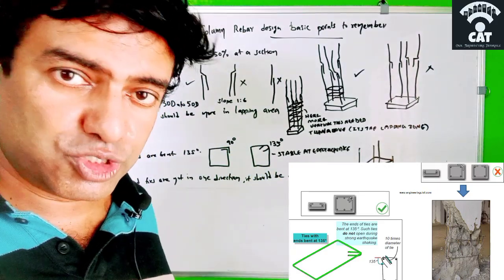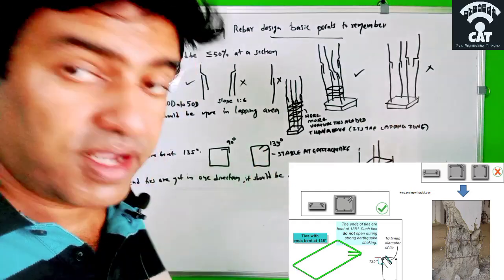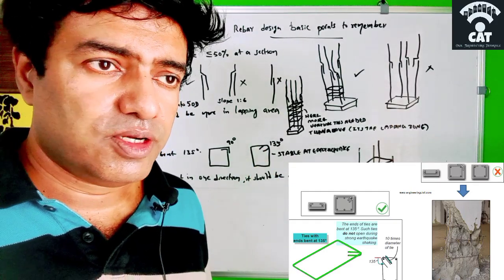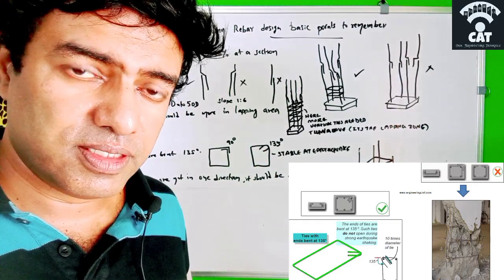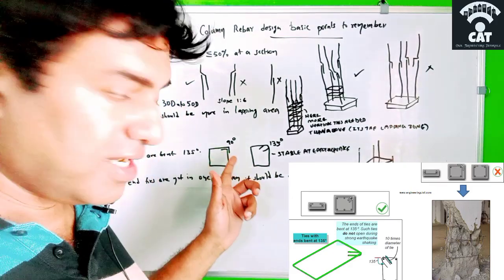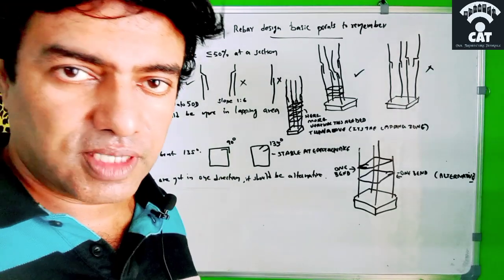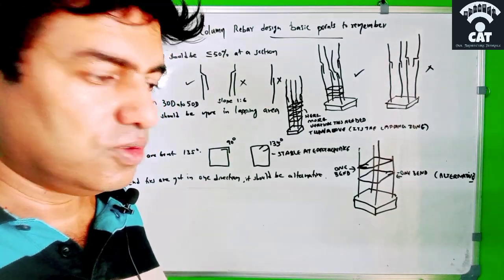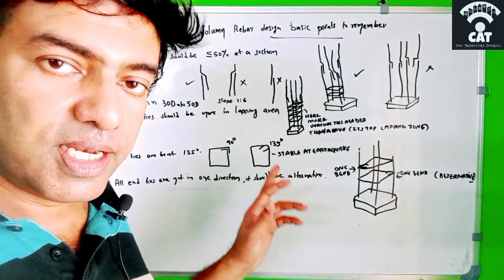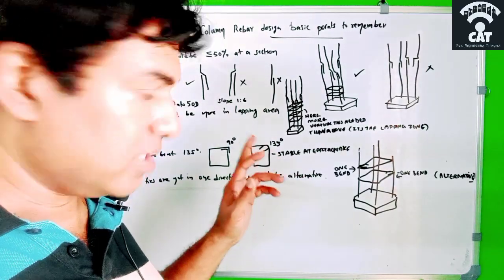So the site engineer should correct it to 135 degrees. And why? Because during an earthquake, it will come out. If it is 90 degrees, the stirrup will open up because of the force that comes upon this column. If it is 135 degrees, it will never come up. So it is stable in an earthquake.